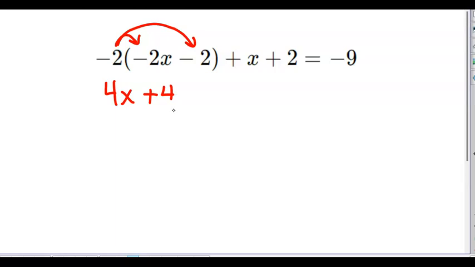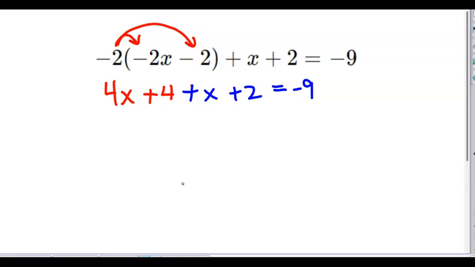Once we stop distributing, we copy the rest of the question here, which was all the things that we didn't distribute to, so I'm going to write that in a different color here, plus x plus 2 equals negative 9. Okay, so the red item is what changed, and the blue items are the things that remain the same.